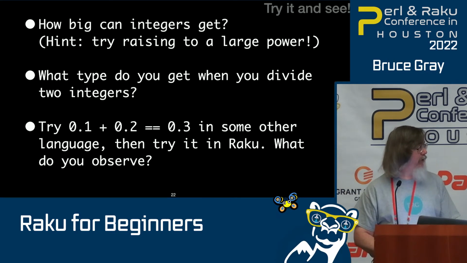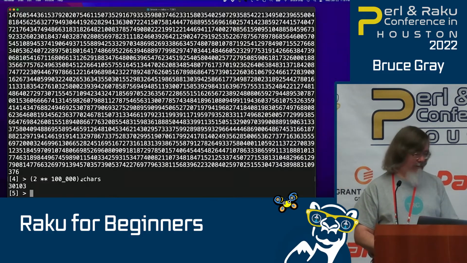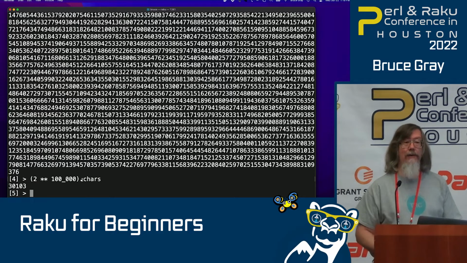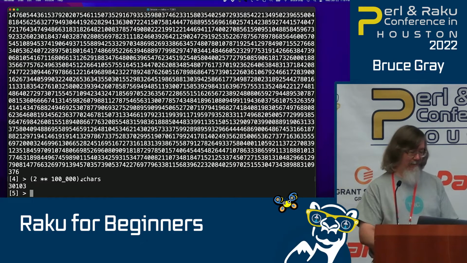What type do you get when you divide 2 integers? Anybody get that? Are you guessing or did you do it? Is it a Rat even if it's 8 divided by 2, which is a whole number? Is it though? Good question. Good point.